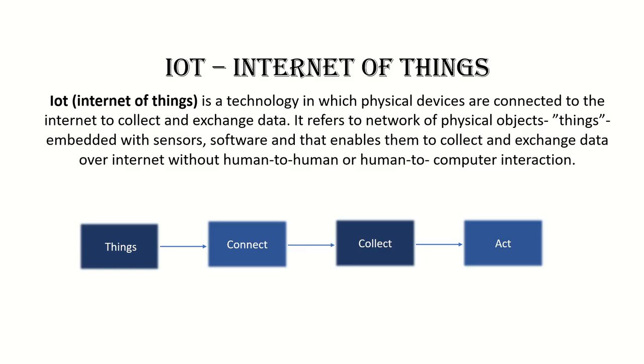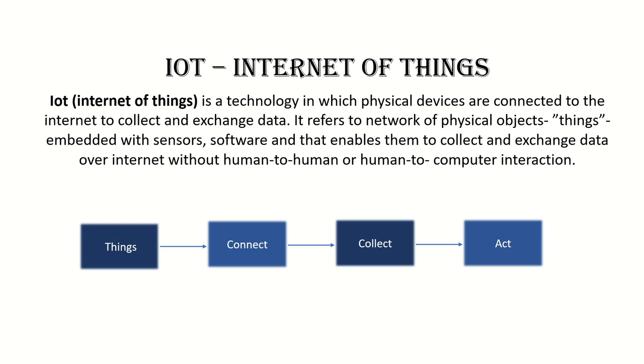So here I have four boxes in which I write things, connect, collect, and act. Things are physical devices with sensors or actuators, examples like temperature sensor, smart bulb, Arduino, etc. Second is connect.